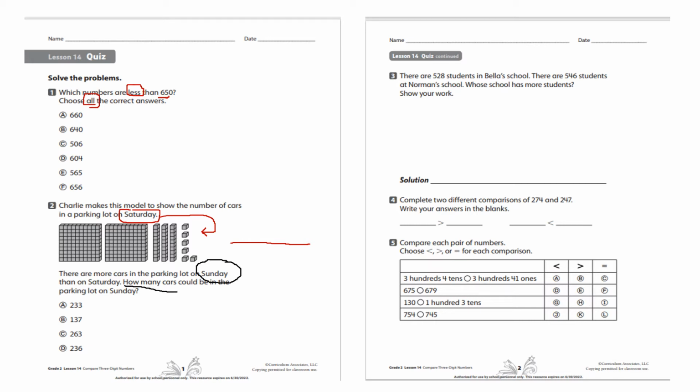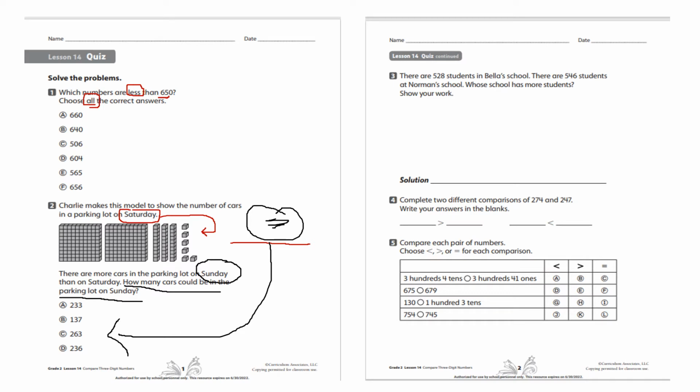How many cars could be in the parking lot on Sunday? So what you need to do is look at this number right here and figure out which one of these numbers here is more than the number here.